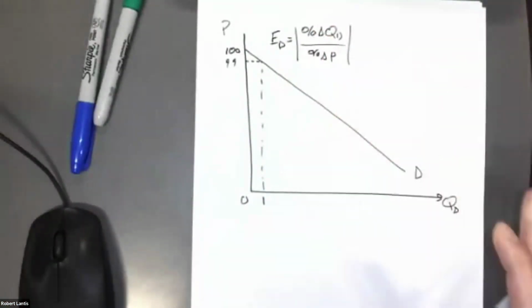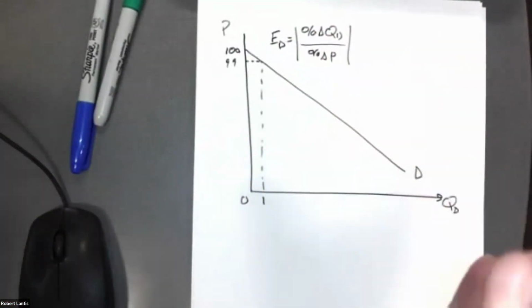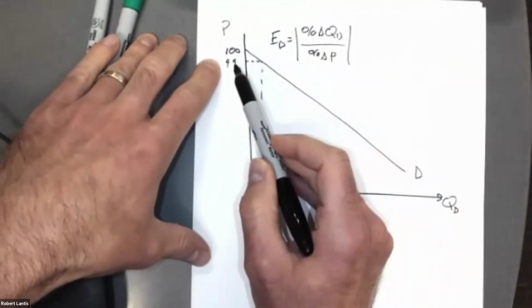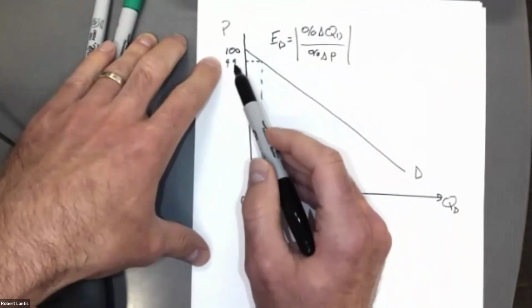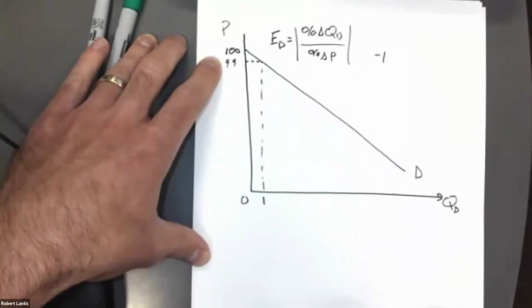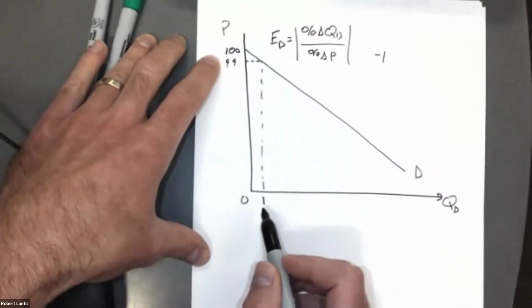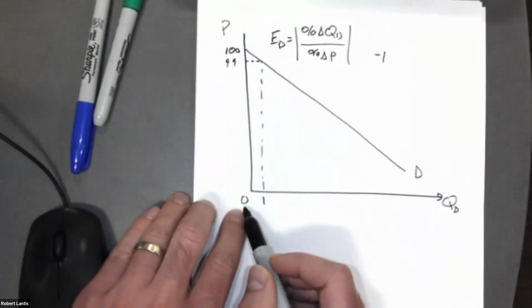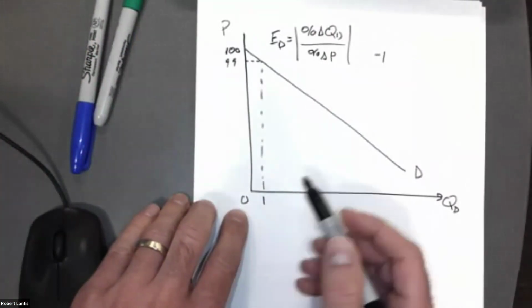Not using the midpoint method here for a second, so being a little bit irresponsible, but notice if I'm going from 100 to 99, that's a 1% decrease in my price. If I go from 0 to 1, I can't even technically calculate this, right? Starting out at 0, it's like an infinite change in my quantity demanded.